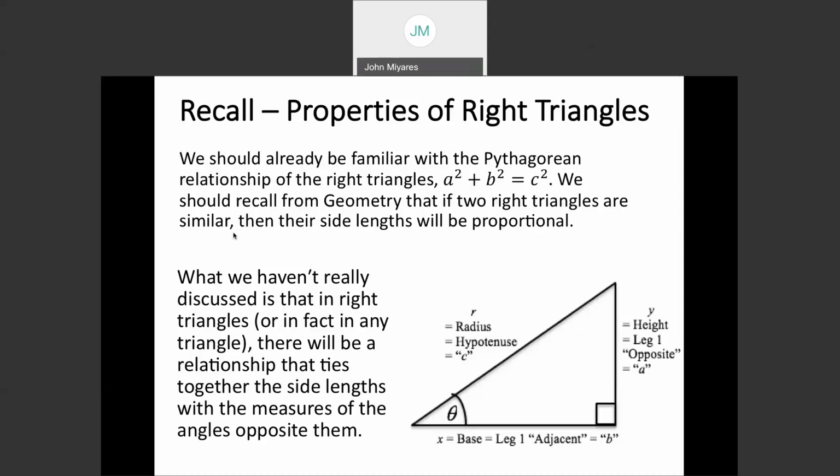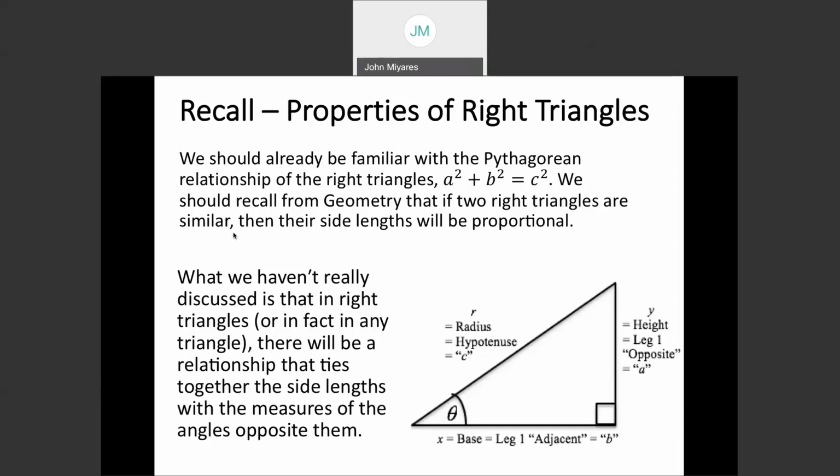Now, the word adjacent implies next to, and you might think to yourself that both the hypotenuse and the base are next to angle theta, but to distinguish them, the hypotenuse will always be across from the right angle, and the adjacent side will always be one of the legs of a right triangle.